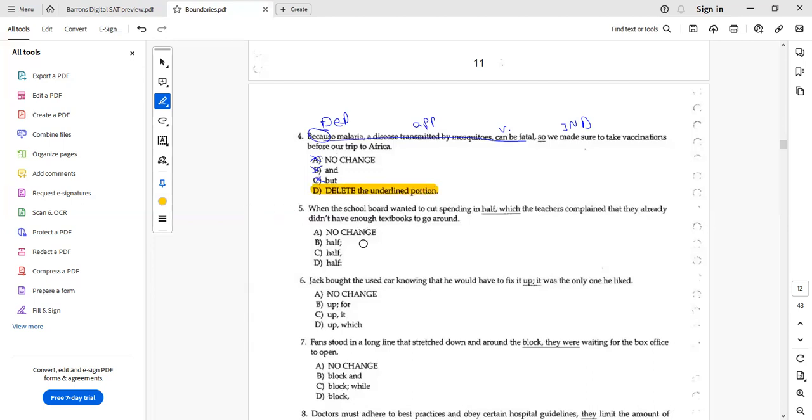Number 5: when the school board wanted to cut spending in half, there is when, and there is a subject and verb, so this is dependent. Which, again dependent, but with a relative clause. That, again dependent. Oh my God. We said that the dependent can't stand alone. We must have an independent clause.